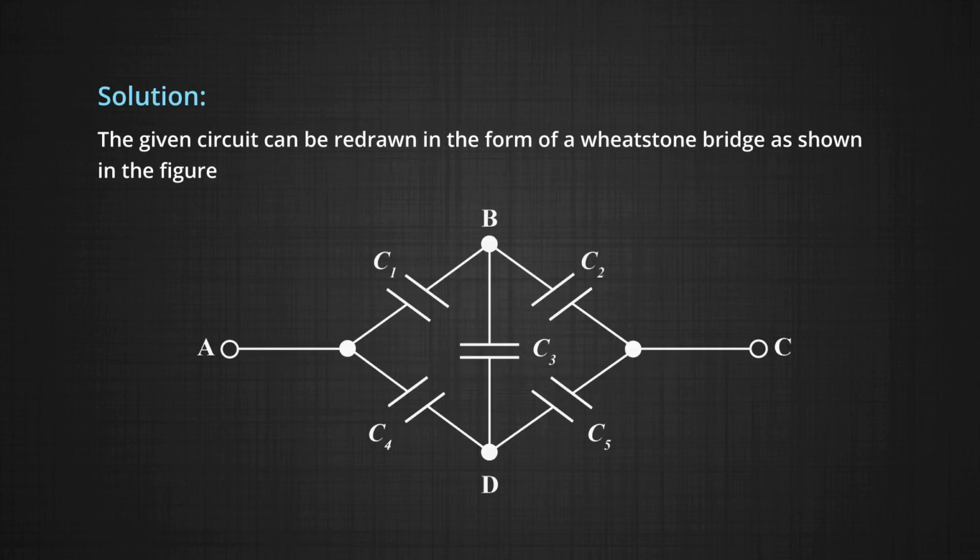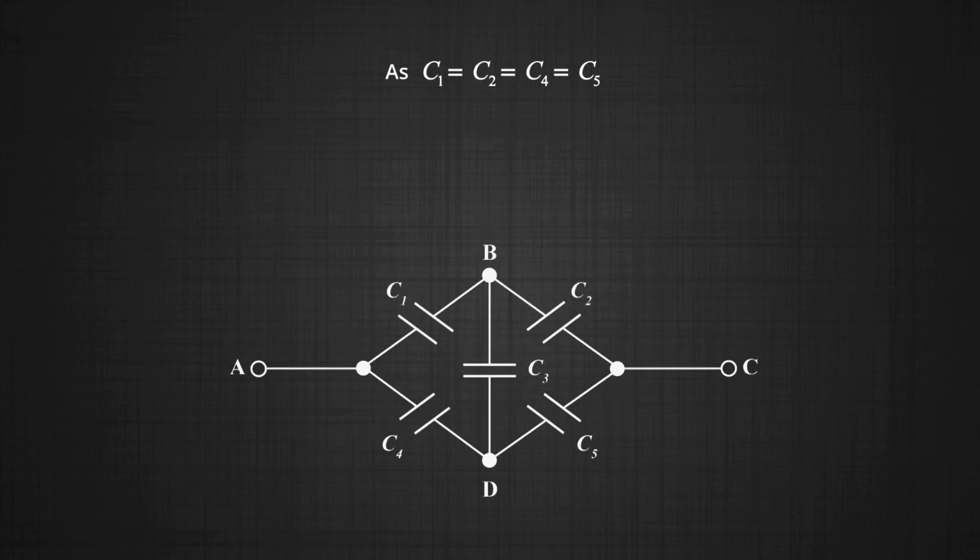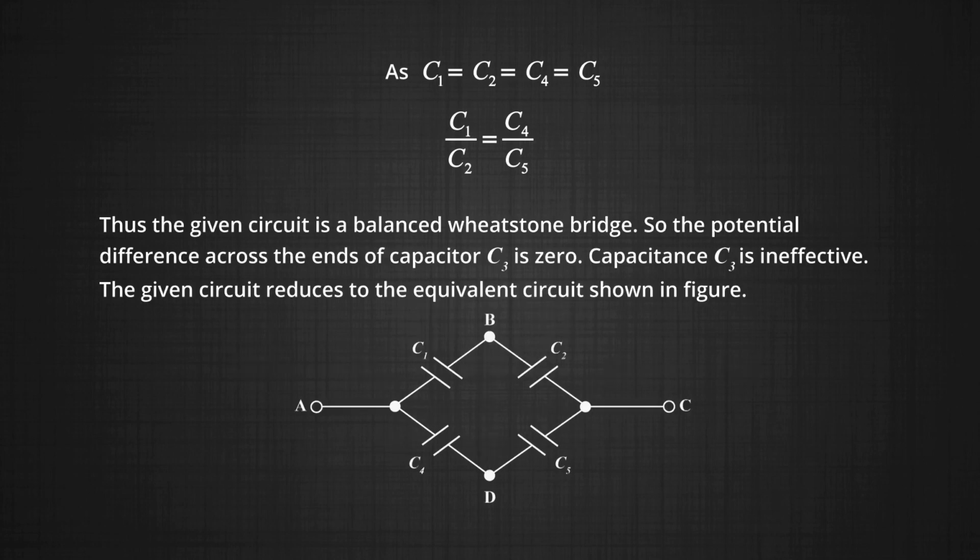The given circuit can be redrawn in the form of a Wheatstone bridge as shown in the figure. See the diagram here. C1 is equal to C2 is equal to C4 is equal to C5. Therefore, C1 by C2 is equal to C4 by C5. Thus, the given circuit is a balanced Wheatstone bridge.